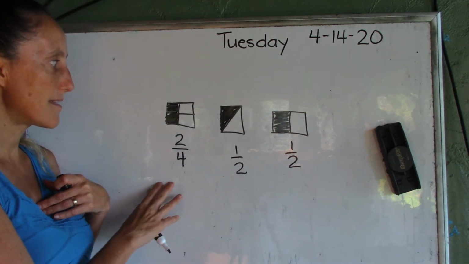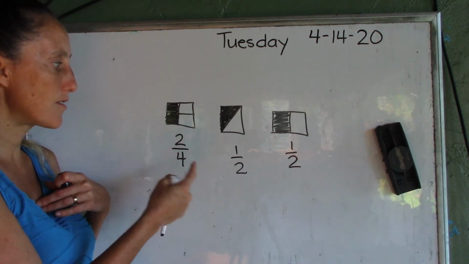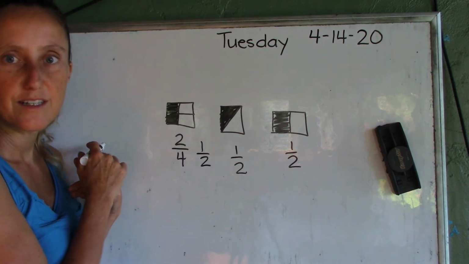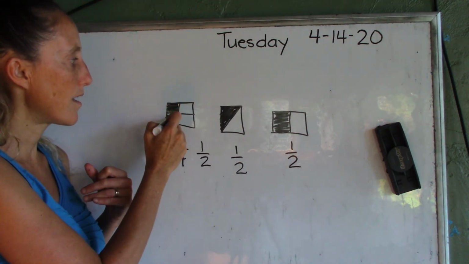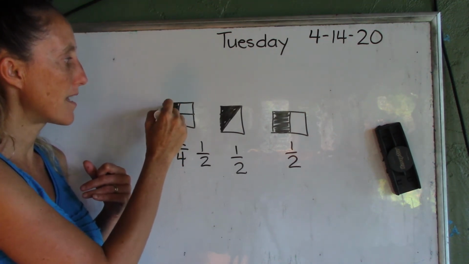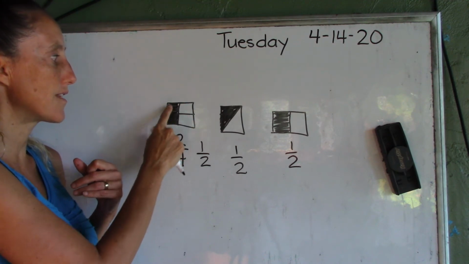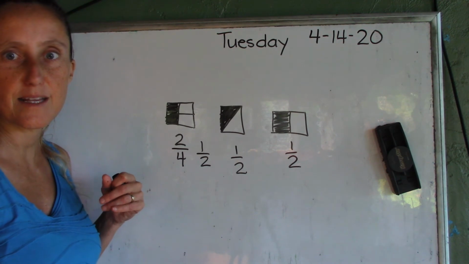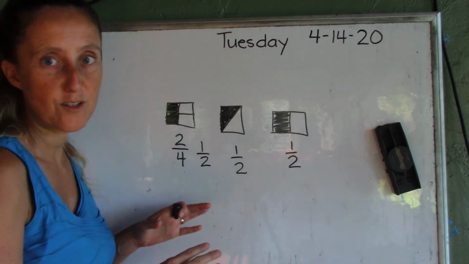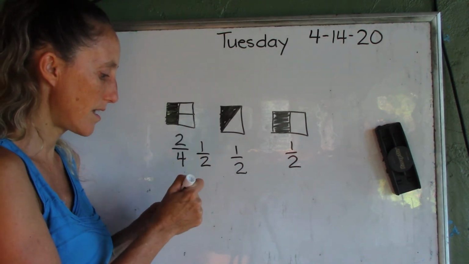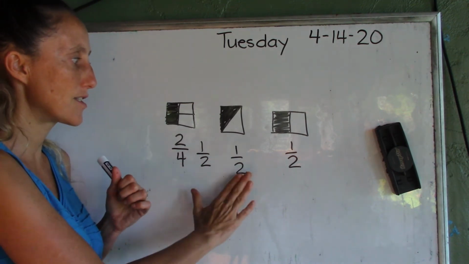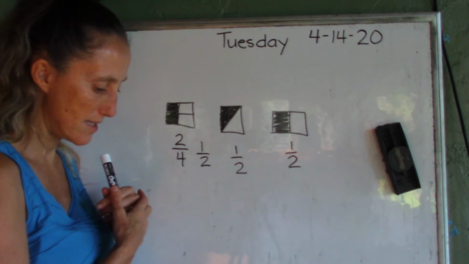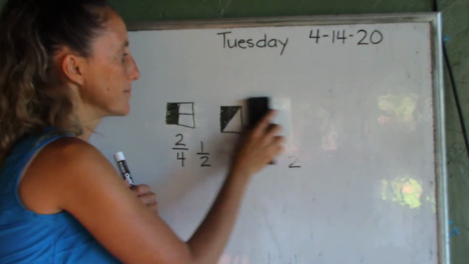So that means that 2/4 is the same as 1/2, right? Because 2 out of 4 pieces is the same as 1 out of the 2 pieces. And later you'll learn to reduce fractions, but right now I just want you to know about fractions. Okay, these are fractions. All right.